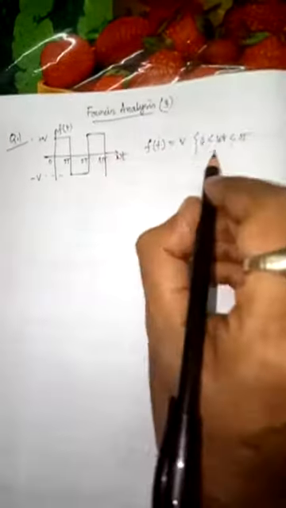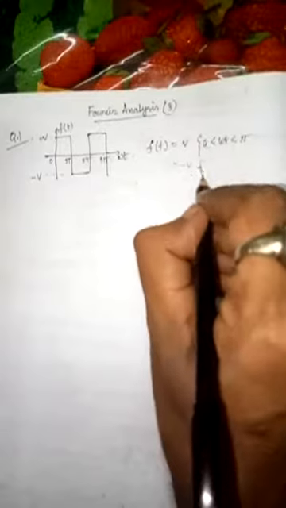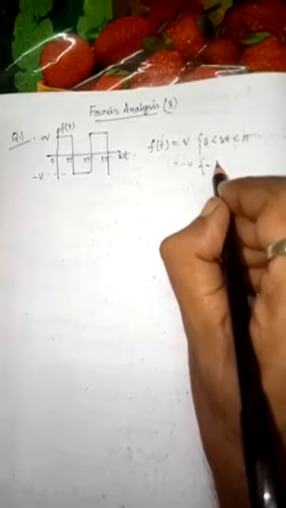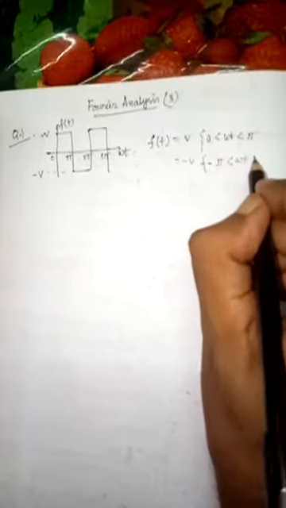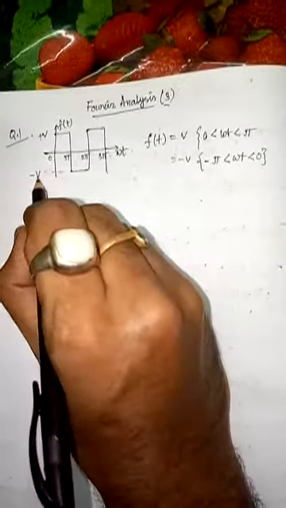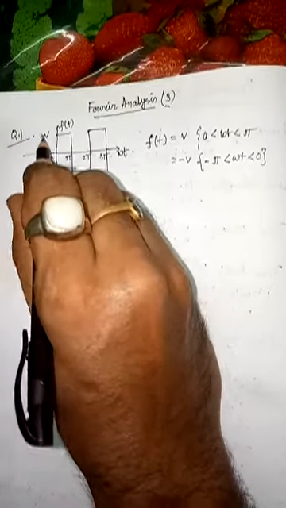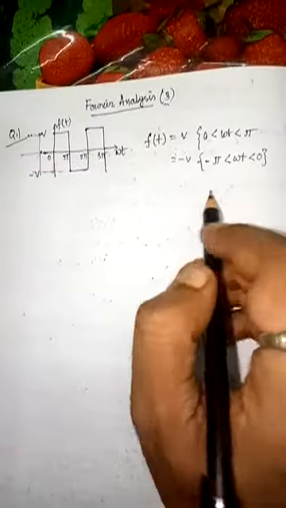And when it is minus v, obviously it is lying from minus pi to 0. Yes, minus pi to 0. This particular section also has this type of waveform. So this is the definition of that particular function.